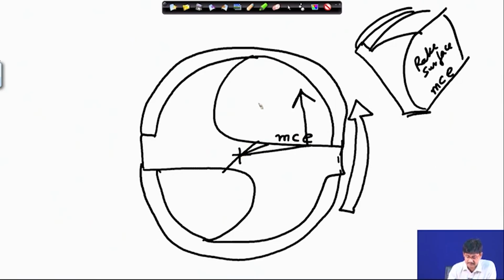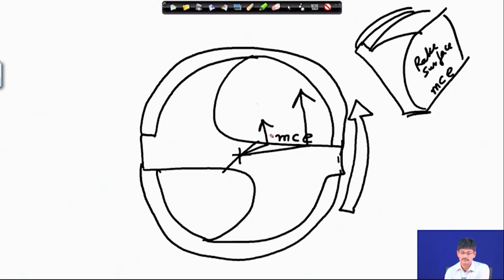This is another one, much less of course. So, we understand that the cutting velocity is changing. Why is it changing? Because at smaller radii you will develop smaller values of cutting speed. At larger radii you will have larger values of cutting speed.